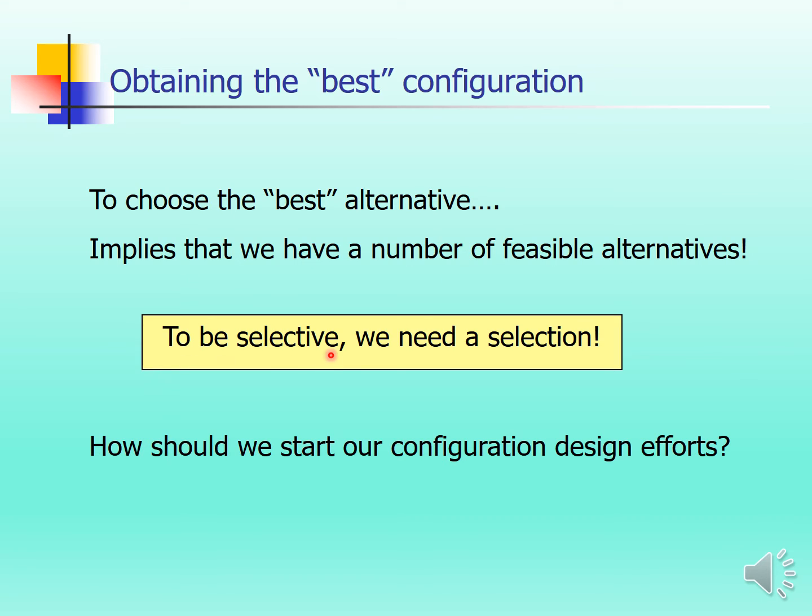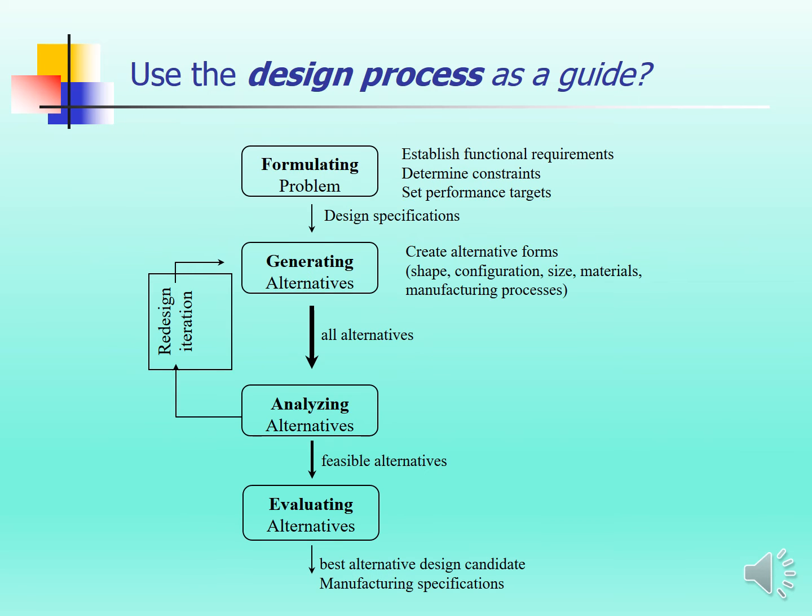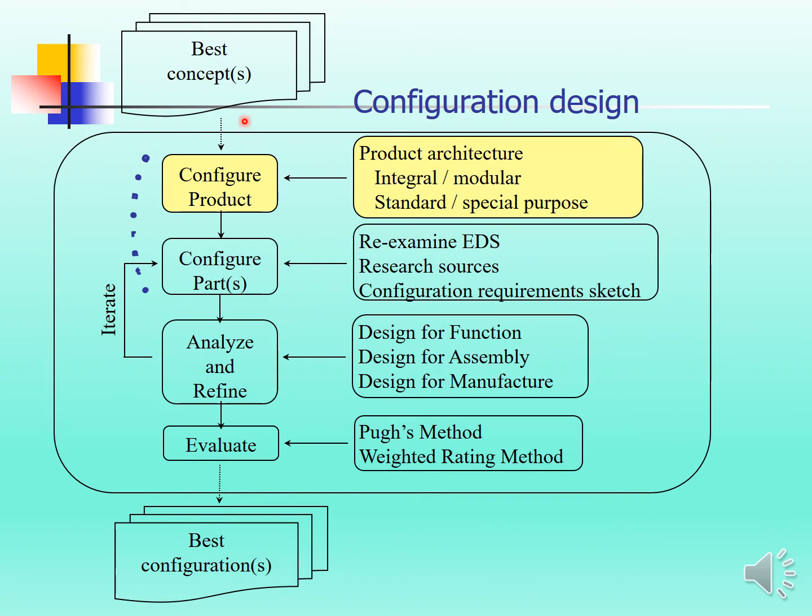To be selective, we need to make the decision. Okay, remember, using the design process, we analyze the alternatives. Okay, this is how to get the best concept during the configuration design.